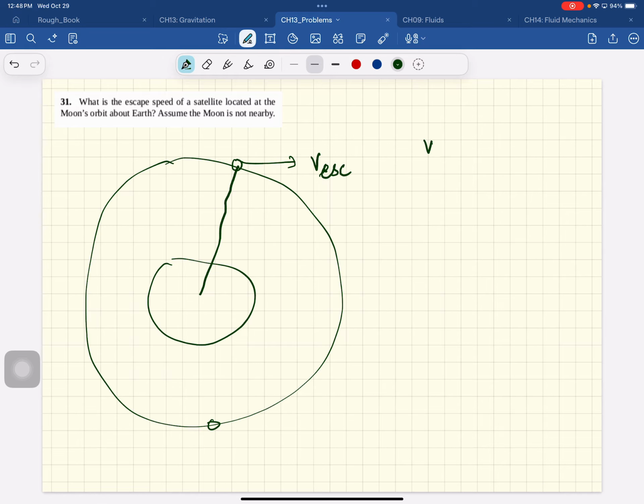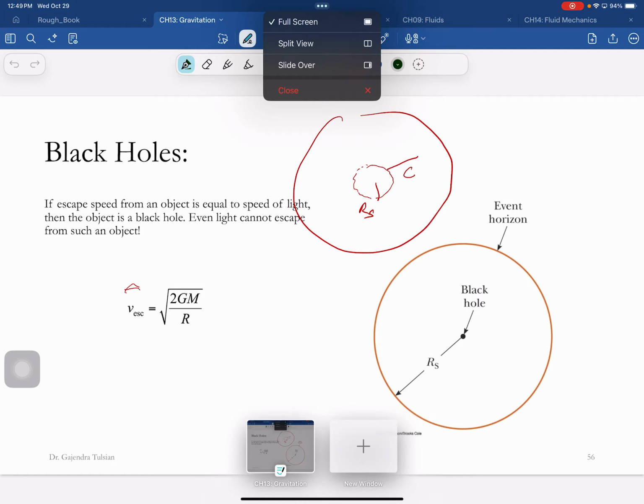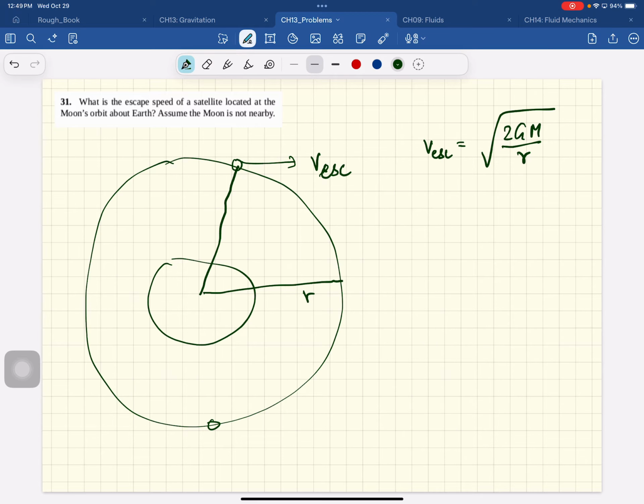We know the mass of the Earth, and we know this constant. What is R? R is the Earth-Moon distance, so we need to find the distance to the Moon.